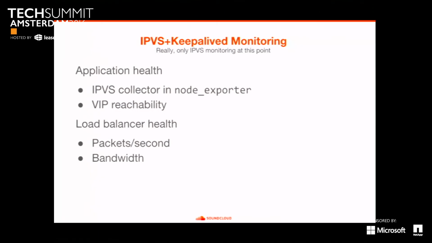And the other thing you really, really need to check, and this is really important with IPVS and the direct server return, is can I reach my VIP? You just need to probe it all the time. Can I reach it? Can I reach it? Because a single misconfigured real server will pass all the health checks, but not actually accept any traffic for the virtual IP, and you're down.